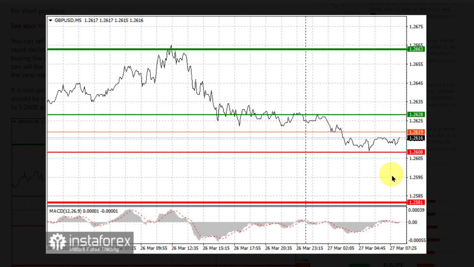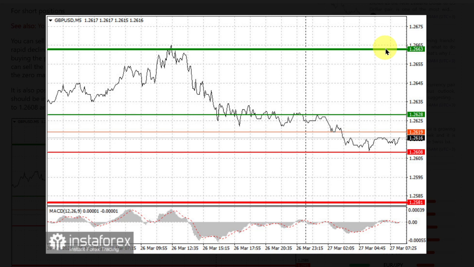Today, for long positions, you could buy the pound when the price reached 1.2628, in order to rise to the level of 1.2663. I recommend leaving the market in the area of 1.2663, as well as selling the pound in the opposite direction, counting on the movement of 30-35 points in the opposite direction from the level.